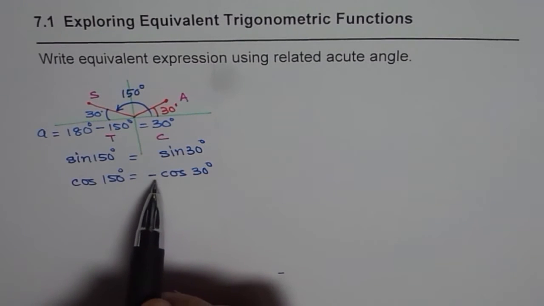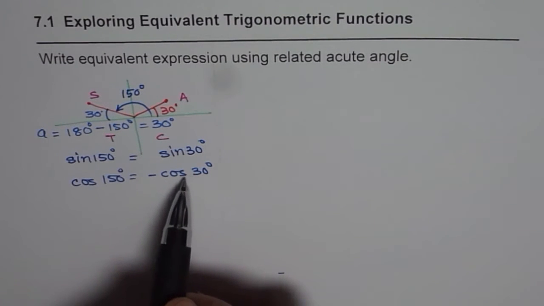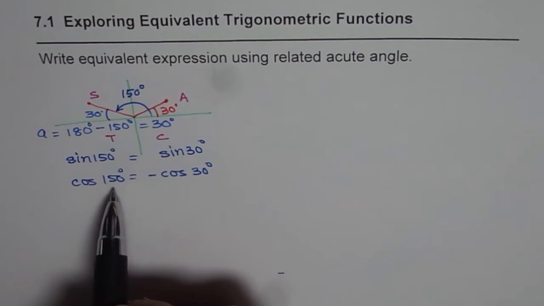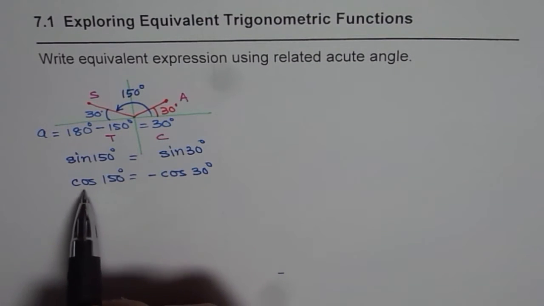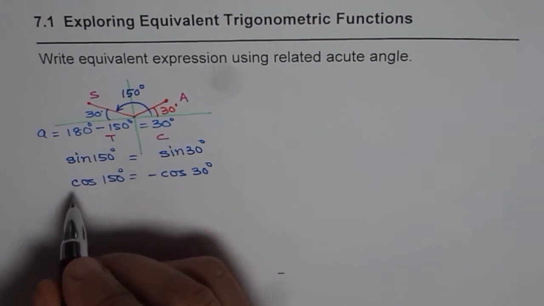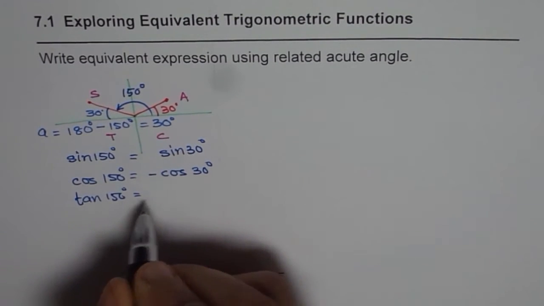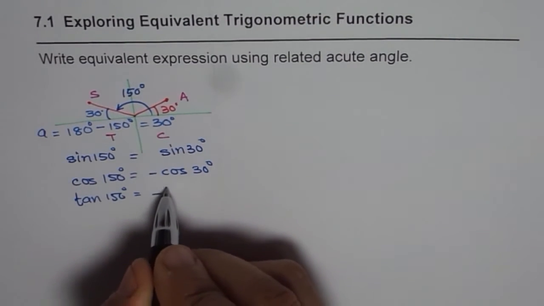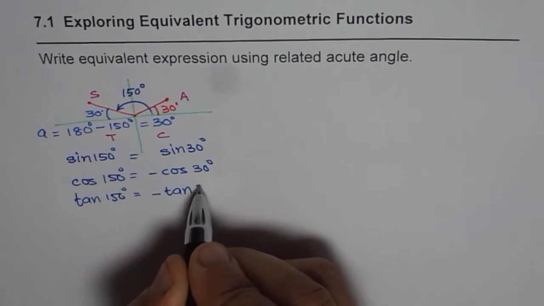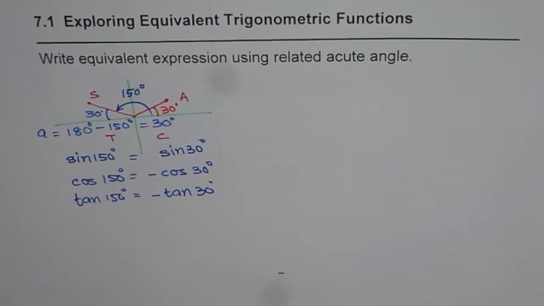So the negative of the positive value of cos 30 will give us the equivalent value for cos 150. Similarly, for tan 150 degrees also, we could have written this as minus tan 30 degrees, right? So that is how you can write any angle in terms of its related acute angle.